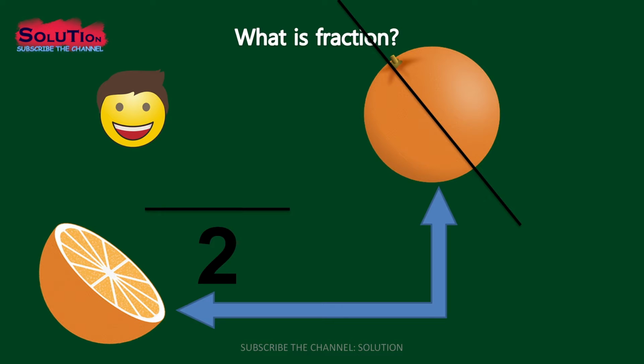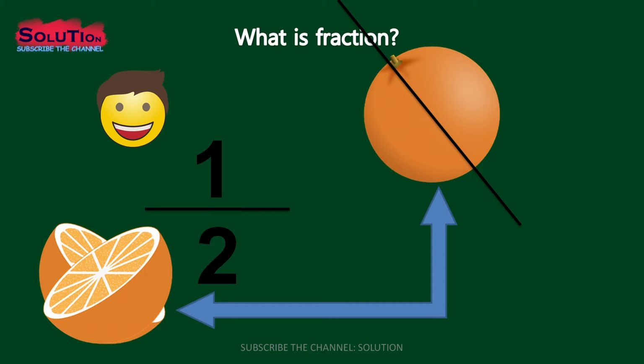But because I have divided into 2 parts, I am writing 2, and out of 2, 1 part is with the first friend, so I will be writing 1. In case after dividing into 2 parts, the first friend is taking 2 parts, then in place of 1, I will be writing 2.